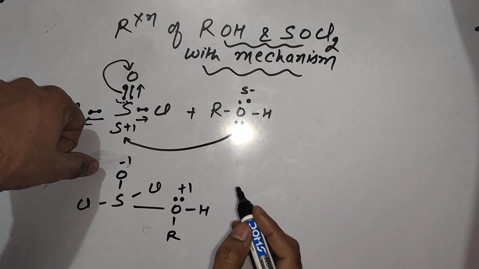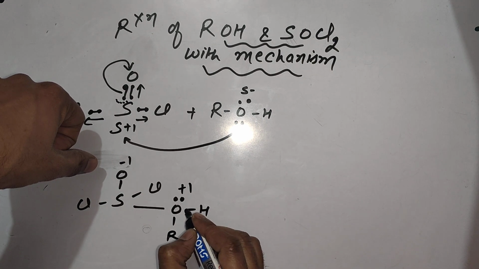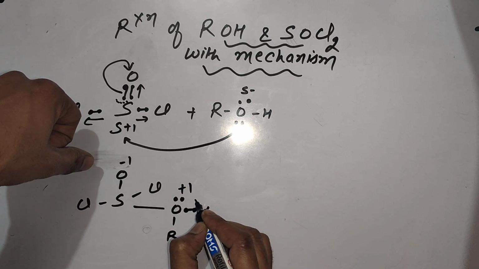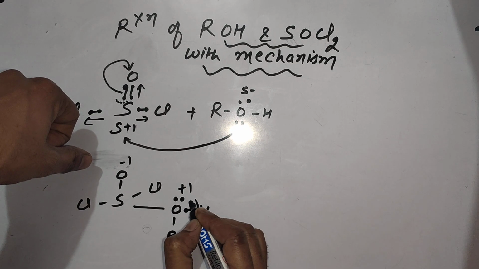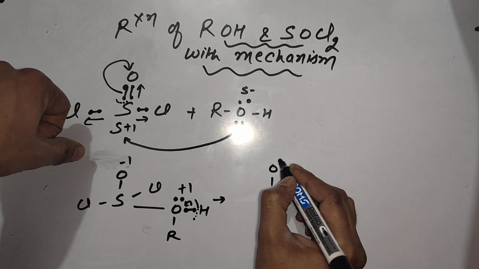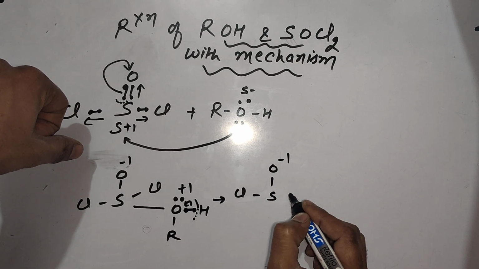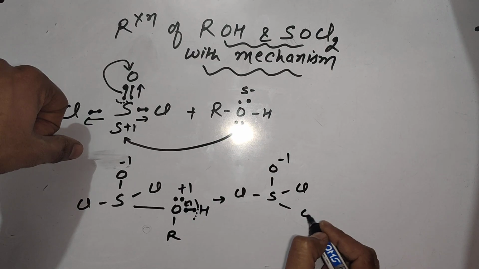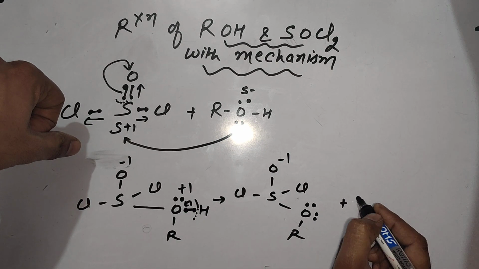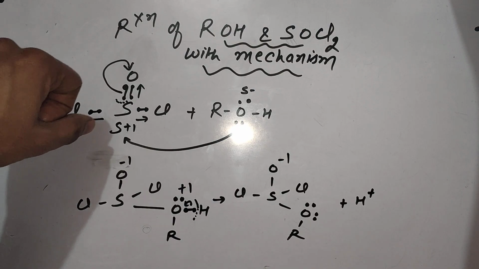In this condition, what will happen? Oxygen will try to stabilize itself. How? By breaking the bond from the hydrogen side, and we will have this one, and H positive ion will release out from here.